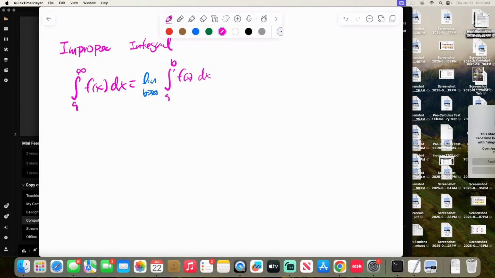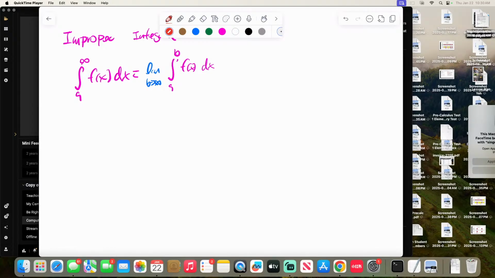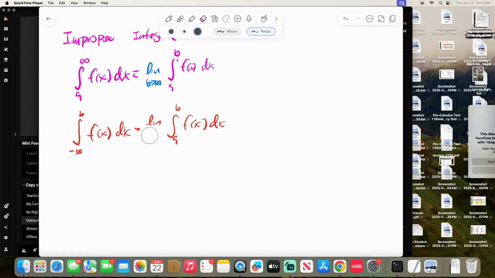Now, sometimes you're going to have a negative infinity, so you could have this case, negative infinity to b of f of x dx. Then you can write it as a to b of f of x dx, with the limit as a approaches negative infinity. Basically, this part you cannot miss.